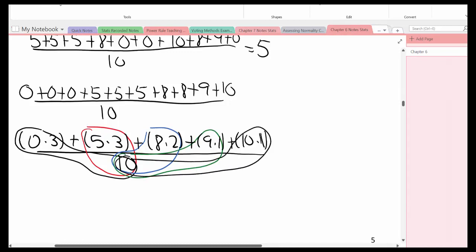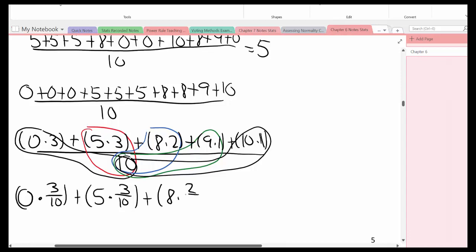So, I'm going to write this as 0 times the 3 over 10, plus I'll take the 5 and multiply by 3 over 10, plus 8 times 2 over 10, plus 9 times 1/10, plus 10 times 1/10.